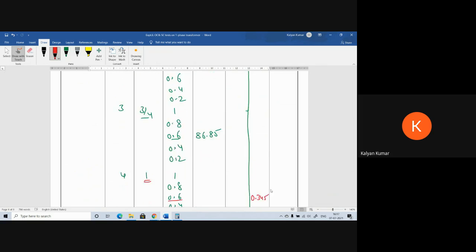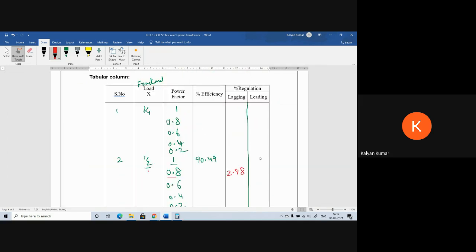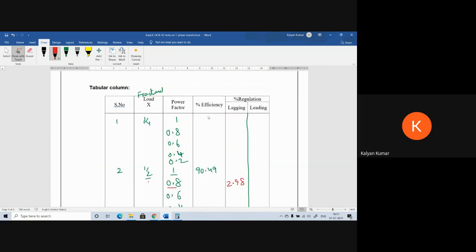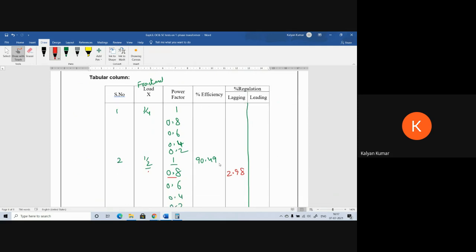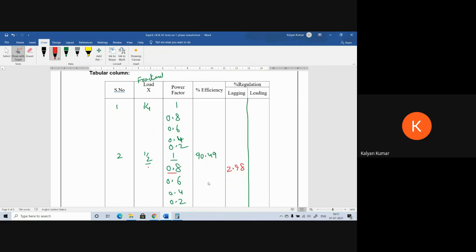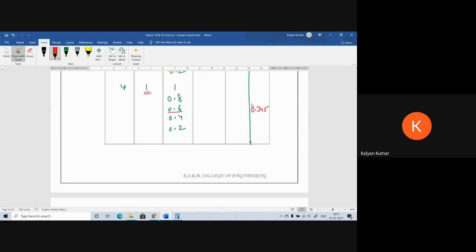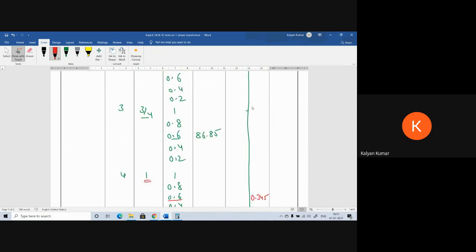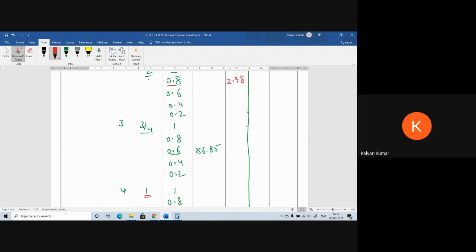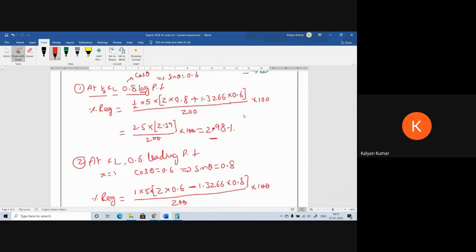So like this, we need to calculate the remaining efficiency and regulation values at the remaining power factors and load conditions. After completing this table, we can draw the efficiency curves and regulation curves. The efficiency curve we are going to draw at 4 different loads, but the regulation curve generally we draw at half full load and full load only. So do the regulation calculations at half full load and full load conditions only.